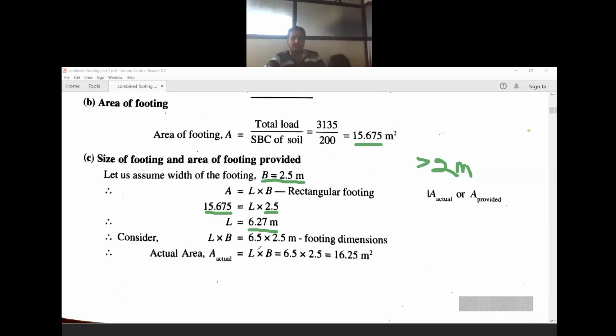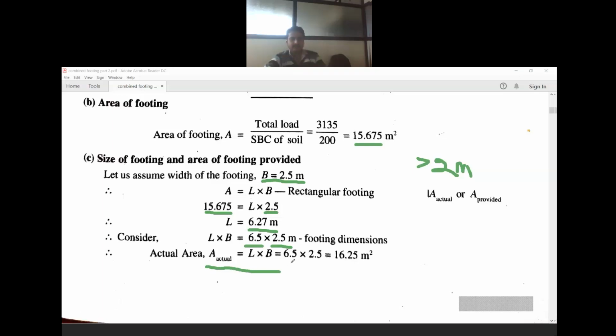So, we shall provide the dimension of the foundation as 6.5 meter by 2.5 meter. Okay. So, as per the provided value, what is the actual area of the foundation?